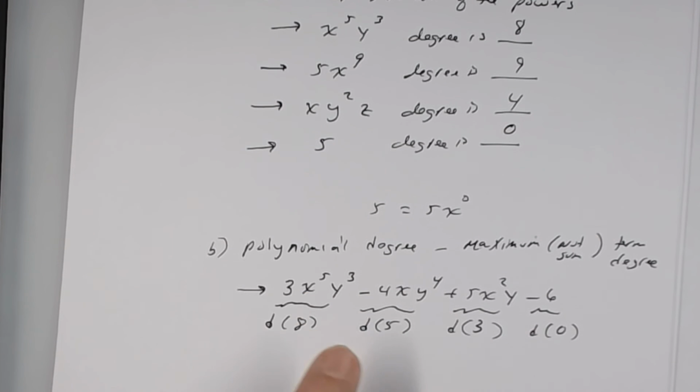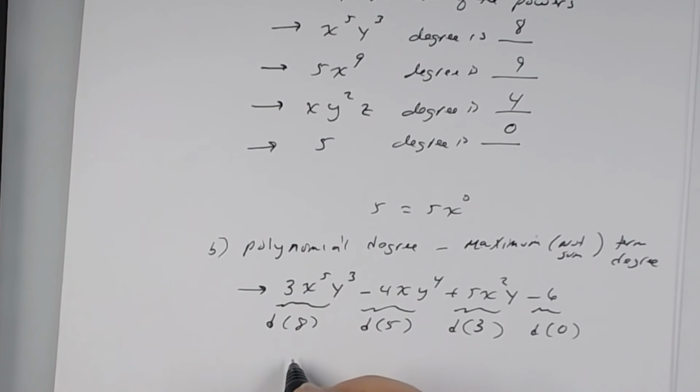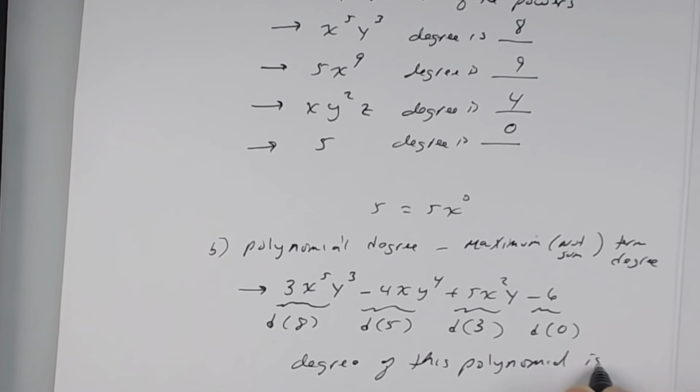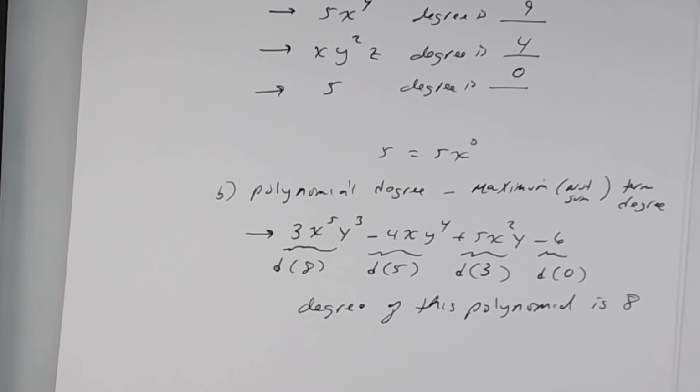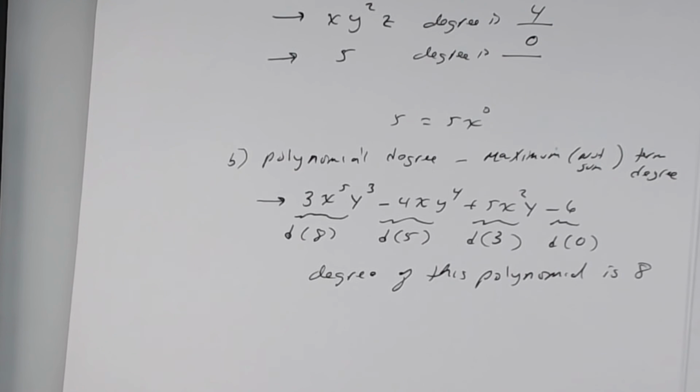The polynomial degree is you look at each term, and the polynomial degree is going to be the one that has the largest degree. So what's the degree of this polynomial? 8. Okay. So the degree of this polynomial is 8. Okay? All right, let's look at one more.